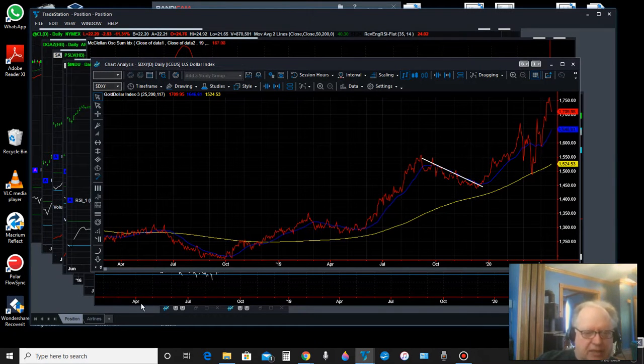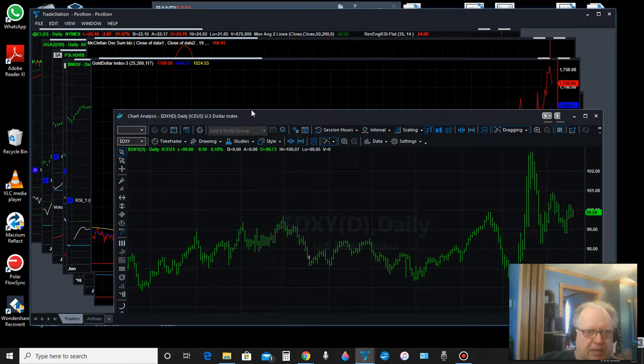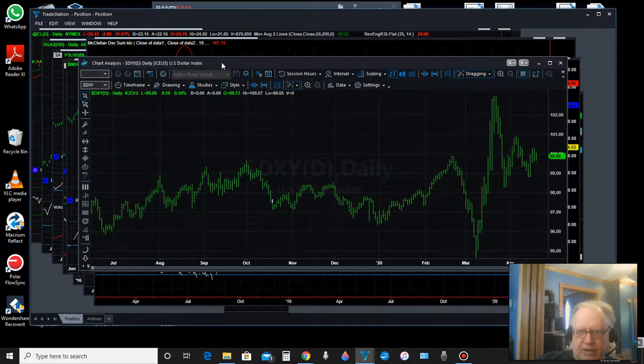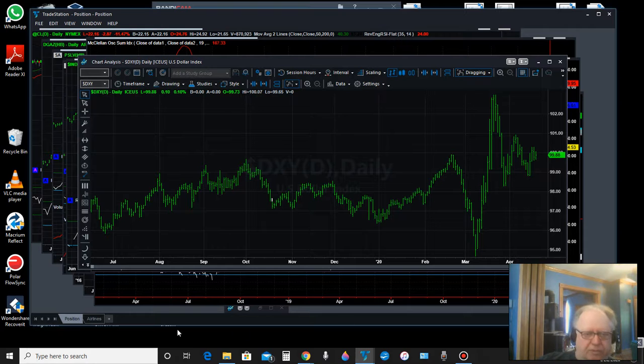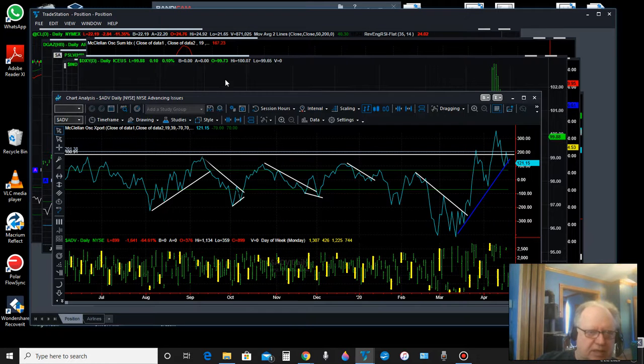I think that the demand for gold is going to be lower with the slowdown in the economy. And here's just the dollar index alone, all over the place. There was demand for dollars, and here should be the McClellan oscillator.